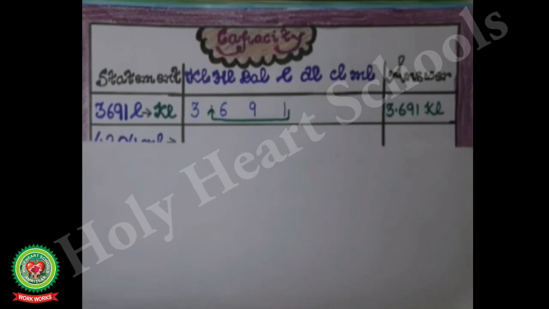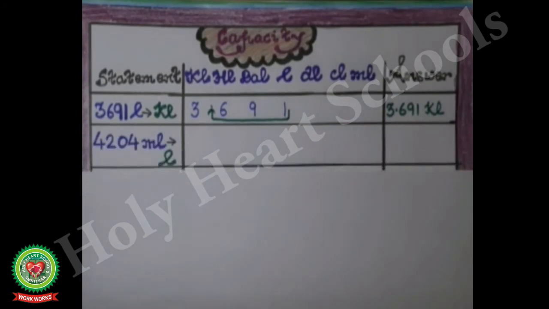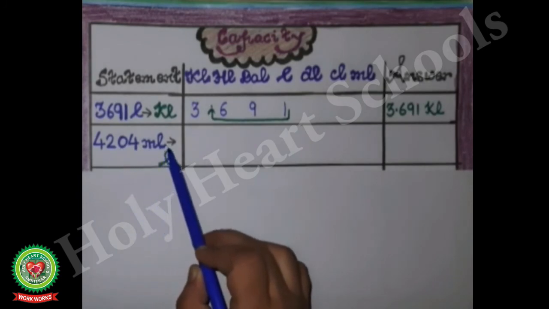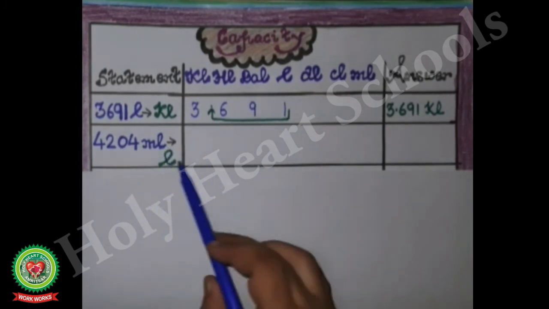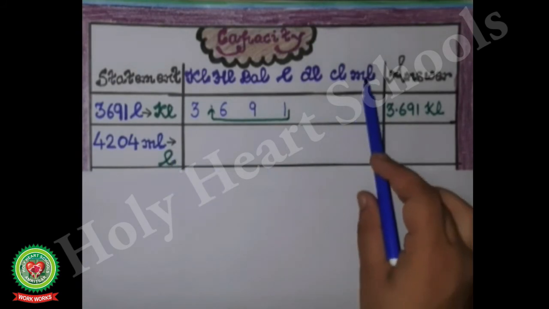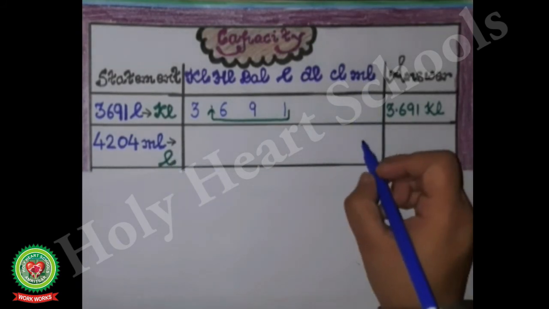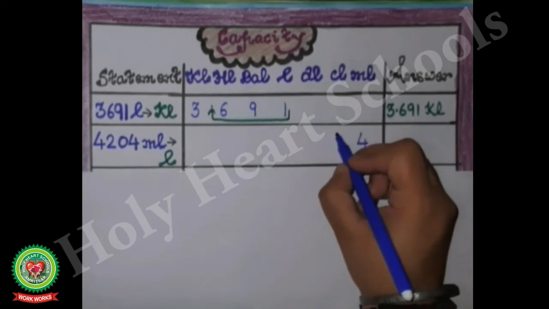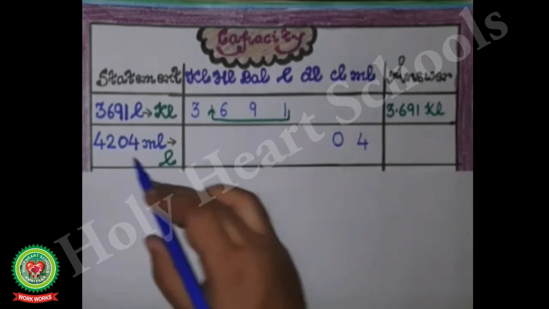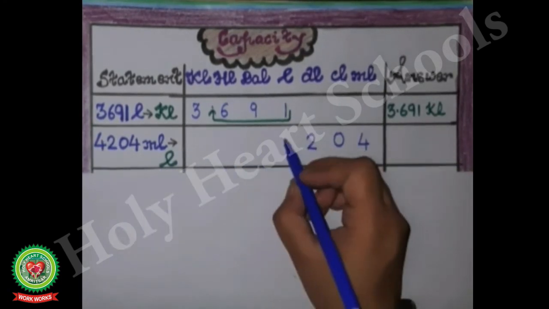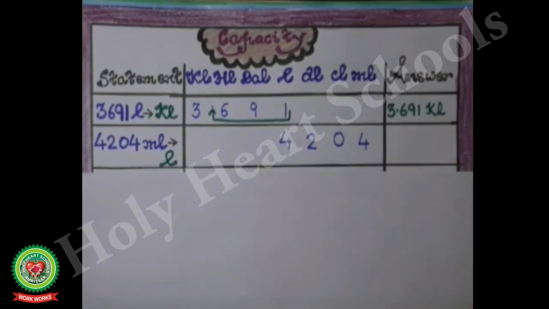Let's take example number 2. 4,204 milliliters, and we have to convert it into liters. So that means we will start writing the table from milliliters. 4 under milliliter, 0 under centiliter, 2 under deciliter, and 4 under liter.